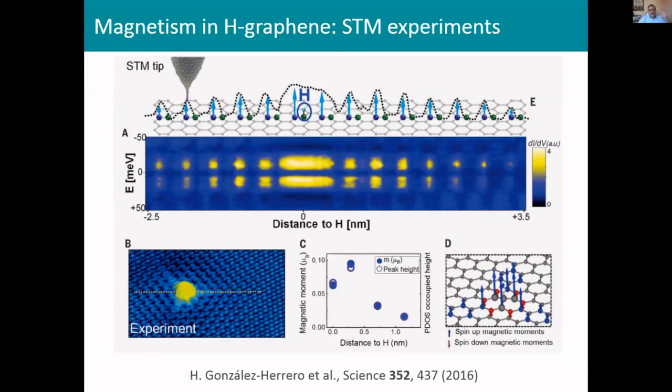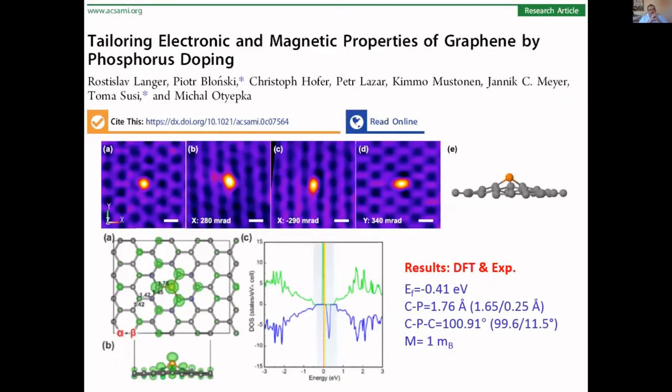Here we can start understanding that the magnetism in graphene, even that is produced by impurity, is not a localized magnetic moment. Another interesting system is the phosphorus. The case of phosphorus doping in graphene.